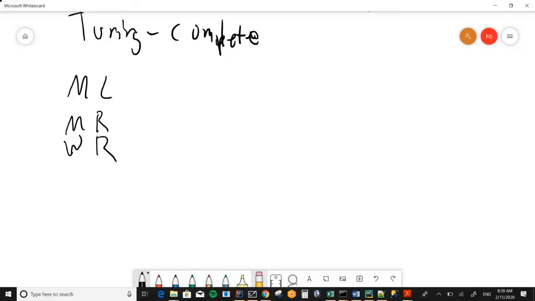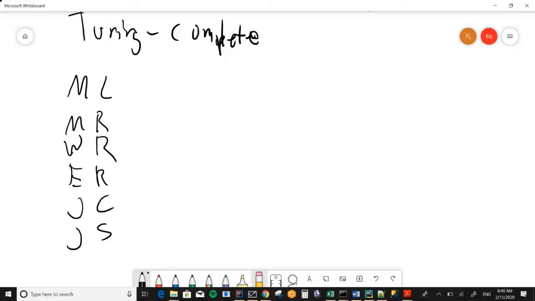Let's have WR for writing the tape. Let's have ER for erasing the tape. And then we'll have JC for jump clear and JS for jump set. So that gives us 6 total instructions.